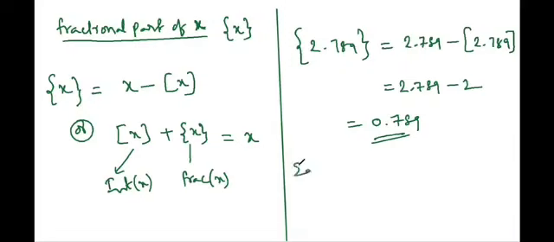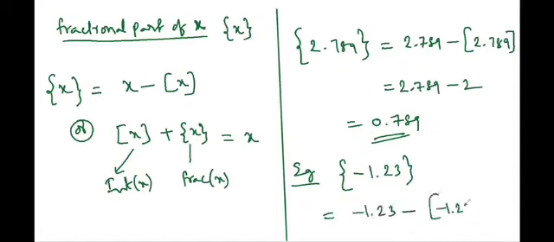Look at the other example. If you want fractional part of minus 1.23, its definition is x minus step of x. So it is minus 1.23 minus step of that, which is minus 2.